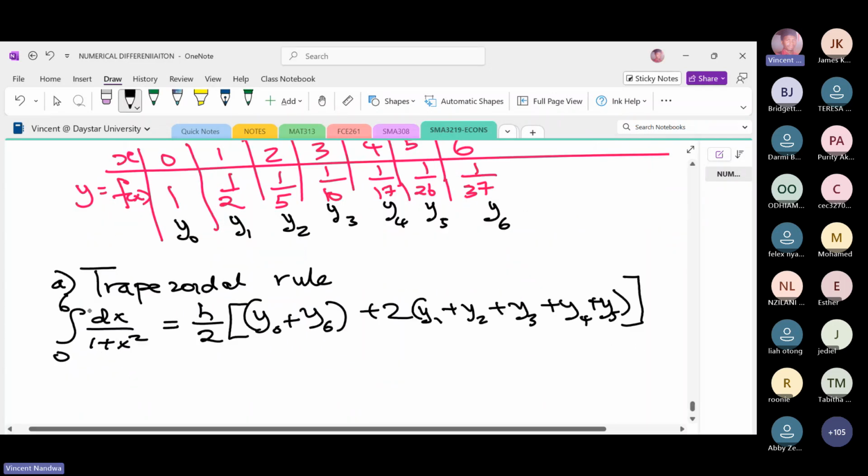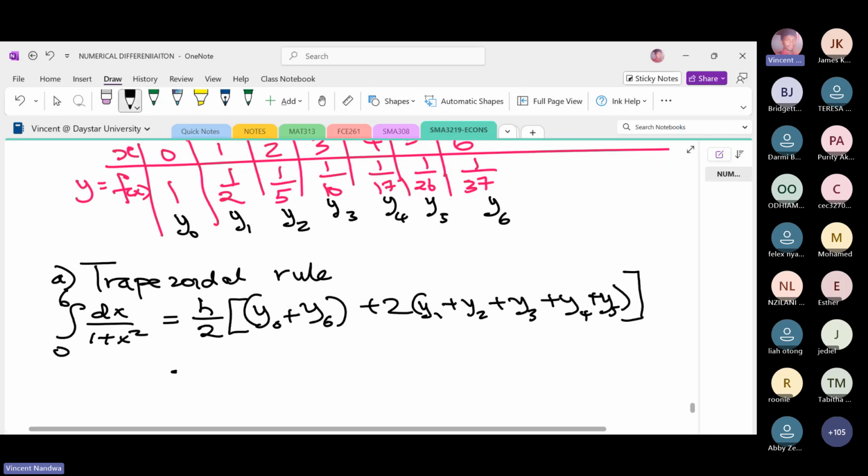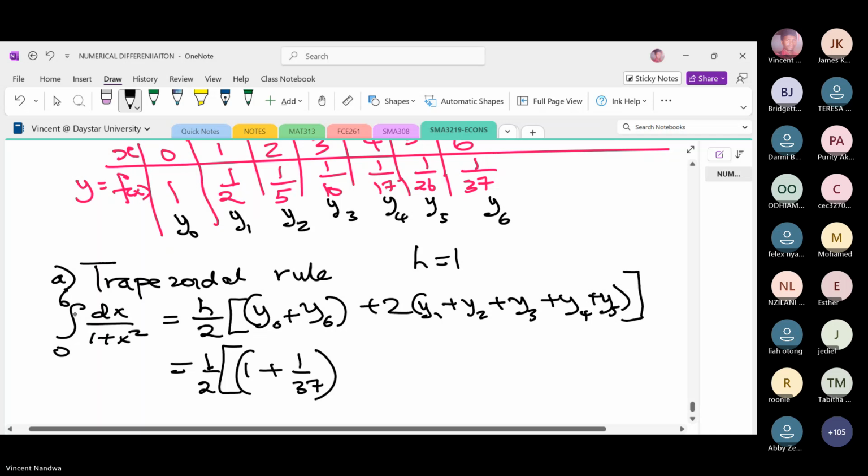Then we substitute appropriately. So this will be a half, because h is already 1, into 1 plus 1 over 37, plus twice into a half, plus 1 over 5, plus 1 over 10, plus 1 over 17, plus 1 over 26.